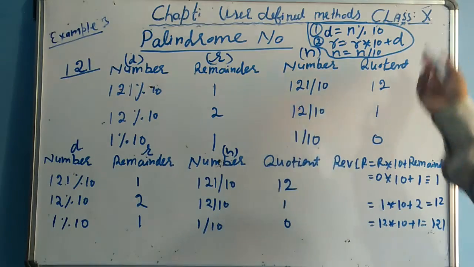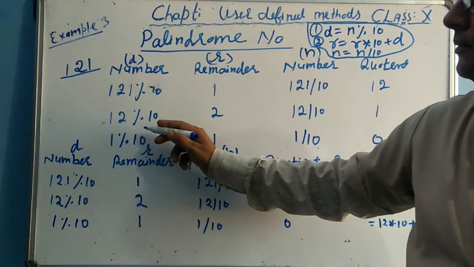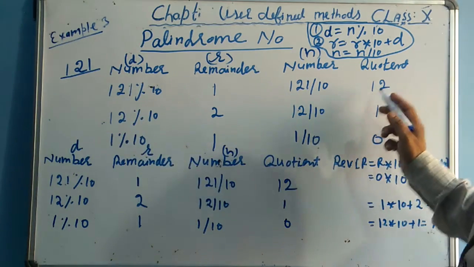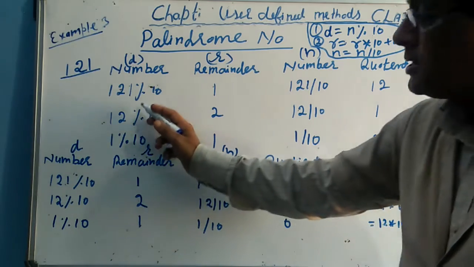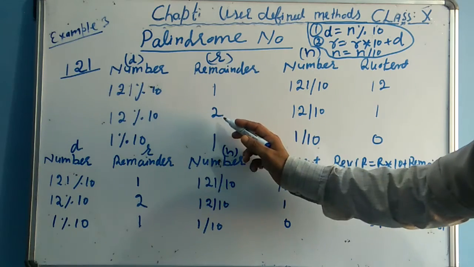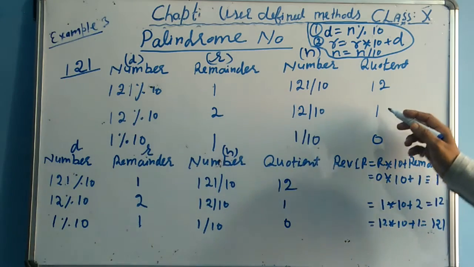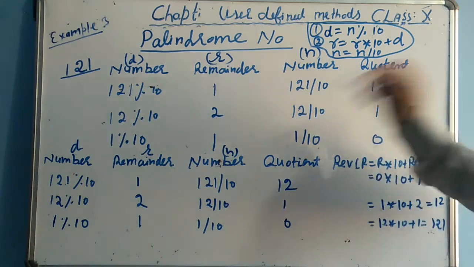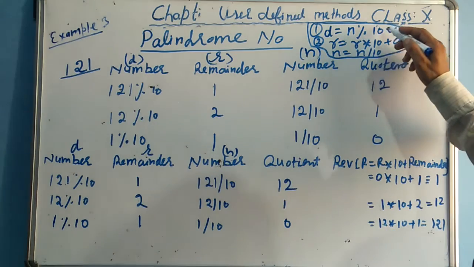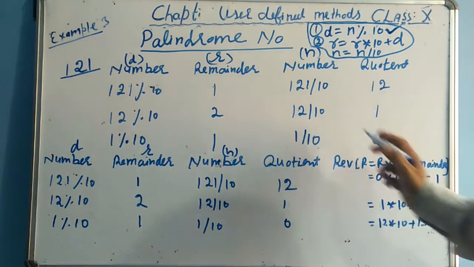Then again this quotient will be divided by 10, modulo. Then the remainder will be 2 and the quotient will be 1. And then again this logic will work.